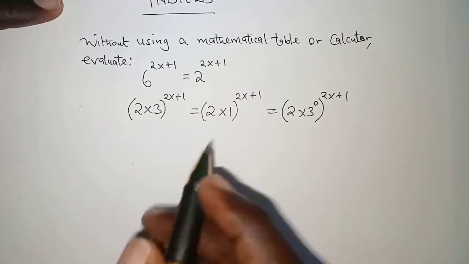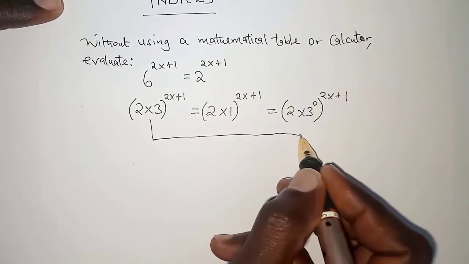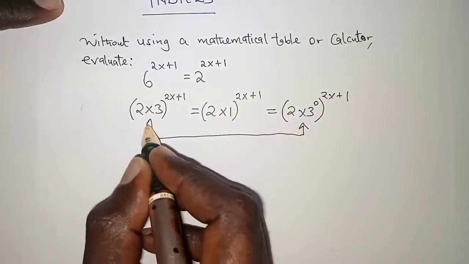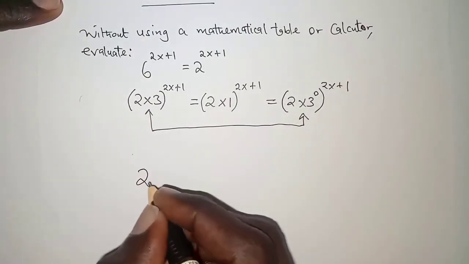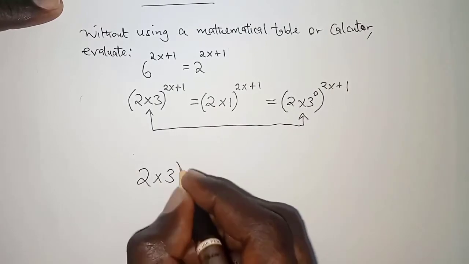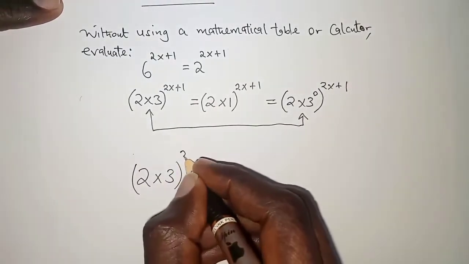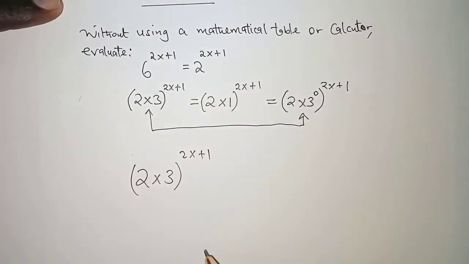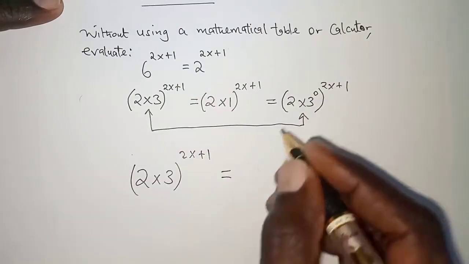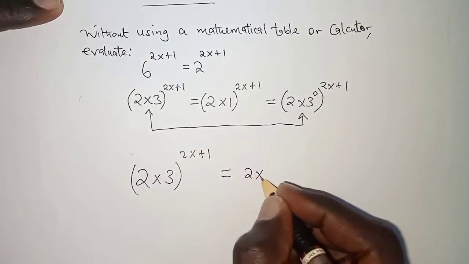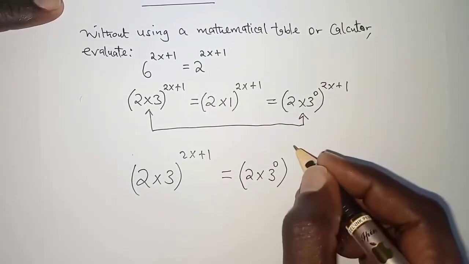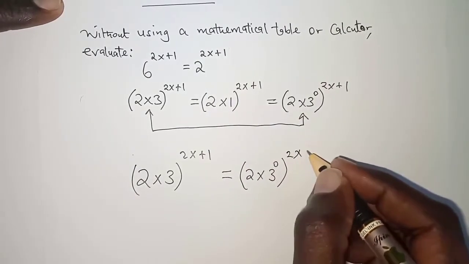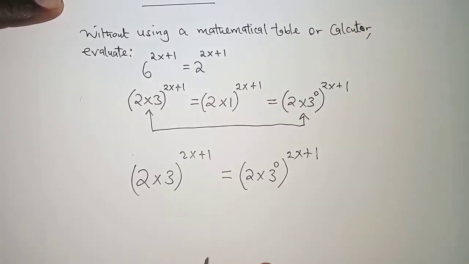So we are interested in this and that. So those two, we can now equate them. So we have 2 times 3 raised to power 2x plus 1, and then on the right hand side, we now have 2 times 3 power 0 raised to power 2x plus 1.